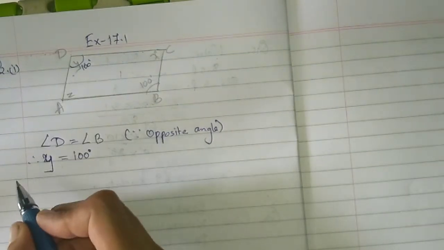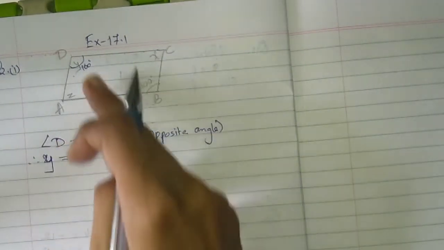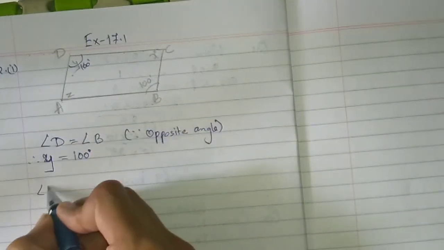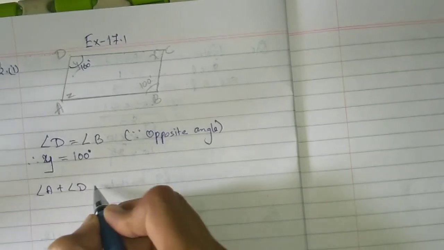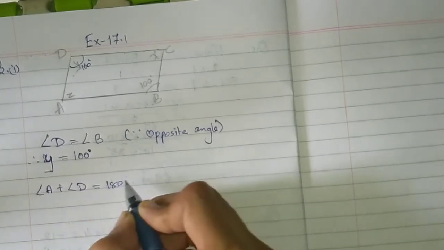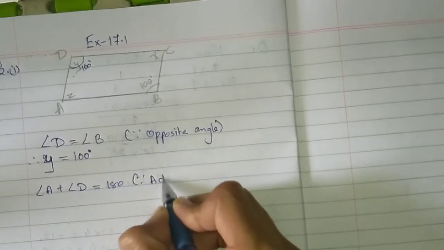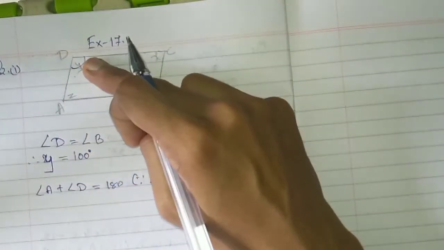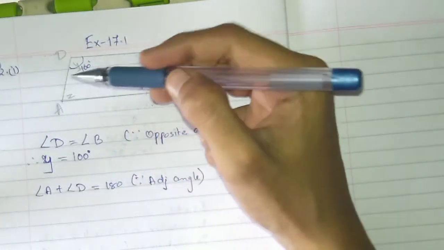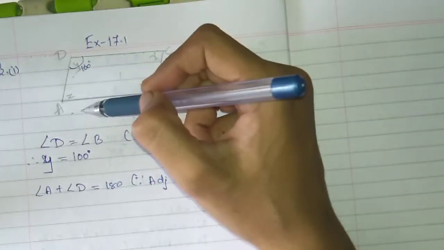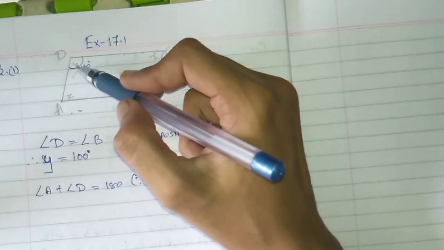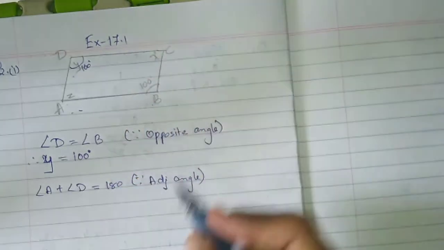Now we have to find x and z. Angle A plus angle D is equal to 180 because of adjacent angles. In a parallelogram, adjacent angles are supplementary, and supplementary means 180.